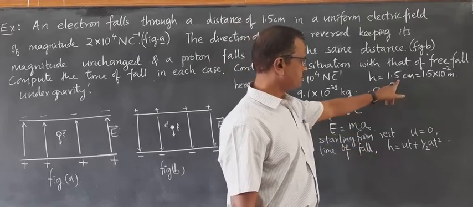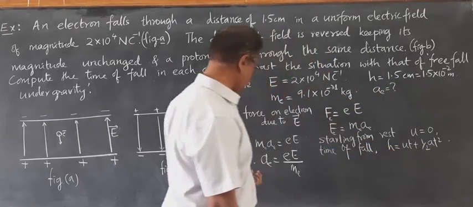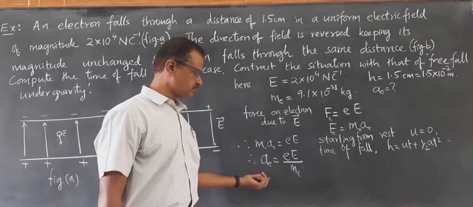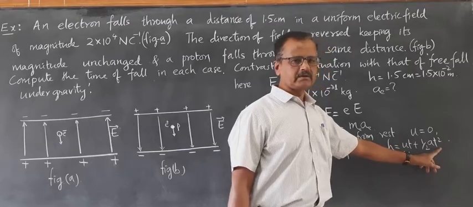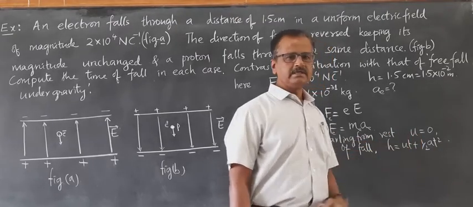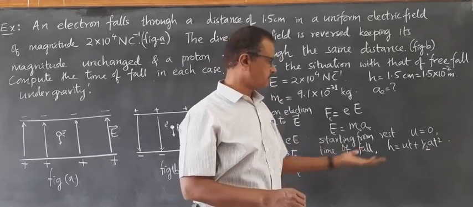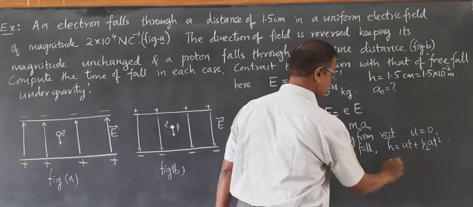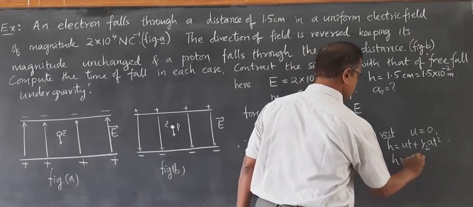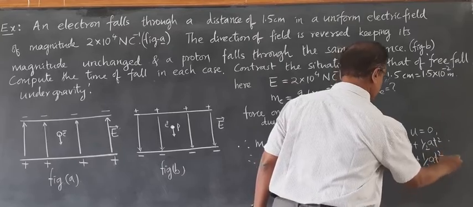This h we can take 1.5 centimeter and a is this one which we have just now calculated, and t is the time to be calculated. u is the initial speed with which the electron is going to fall. So initial speed is 0. Therefore, h becomes 0 plus half a t square.